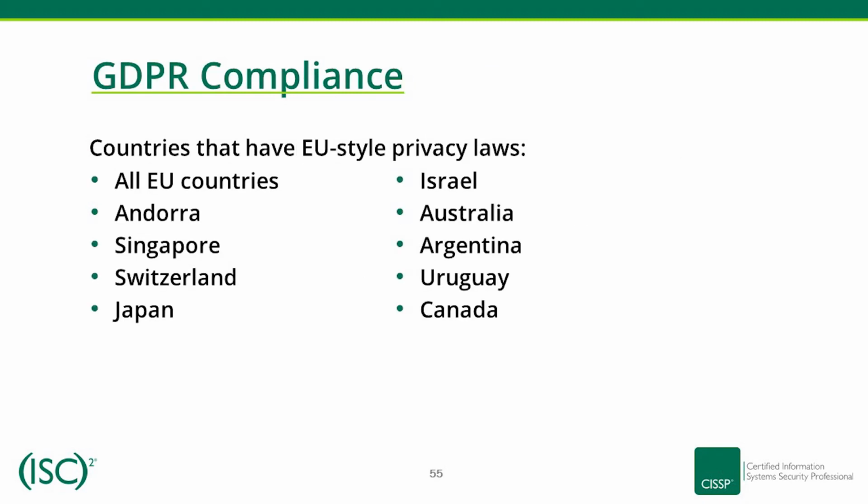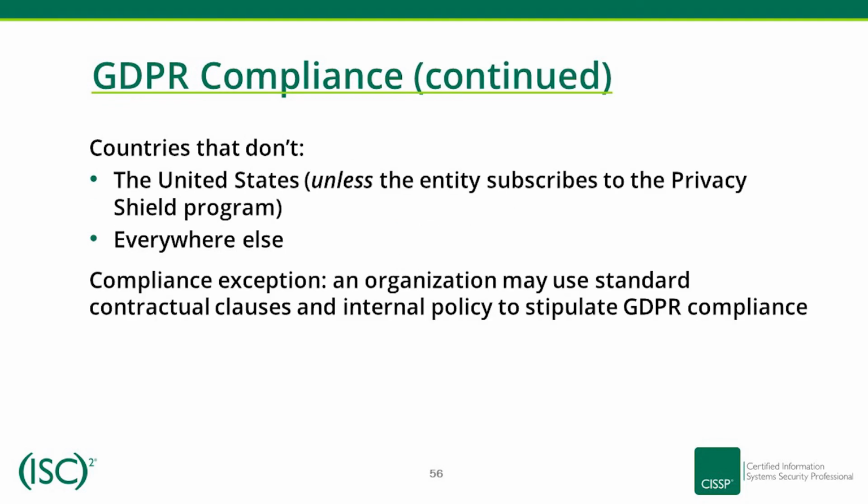GDPR compliance: countries that have EU-style privacy laws include all EU countries, Andorra, Singapore, Switzerland, Japan, Israel, Australia, Argentina, Uruguay, and Canada. Countries that don't: the United States, unless the entity subscribes to the Privacy Shield program, and everywhere else. Compliance exception: an organization may use standard contractual clauses and internal policy to stipulate GDPR compliance.